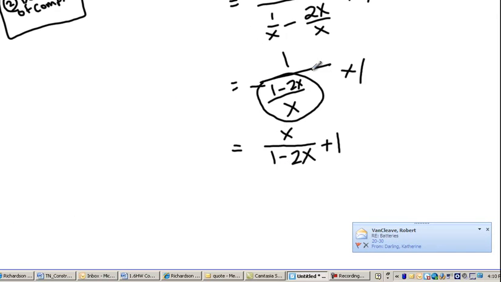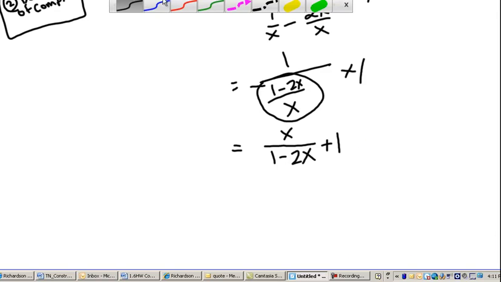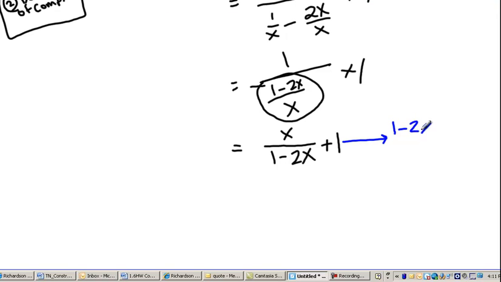Okay, just like we added an x on top of 2 and an x on the bottom of 2, we need to make this 1 value here to where we can combine it underneath one fraction as well. So let's just do a side note. This is equal to saying 1 minus 2x over 1 minus 2x, because 1 minus 2x over 1 minus 2x is equal to 1.